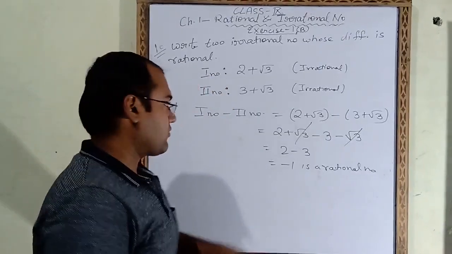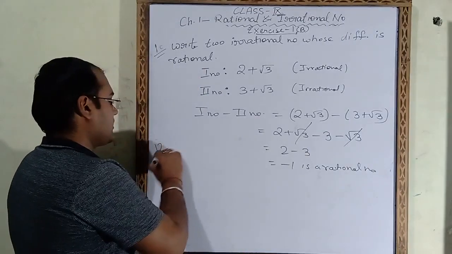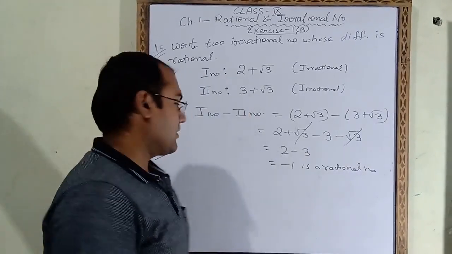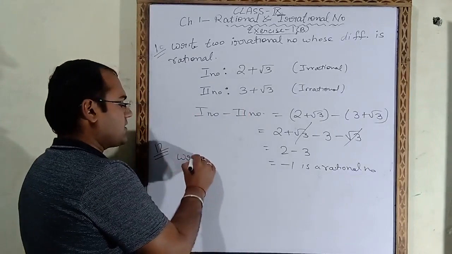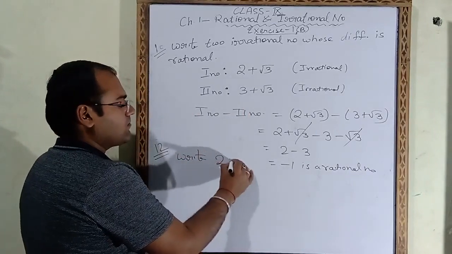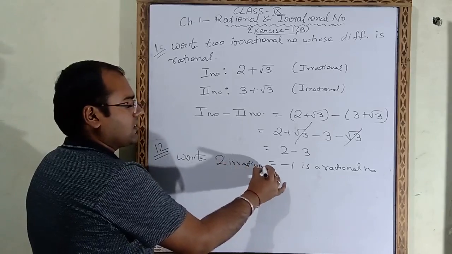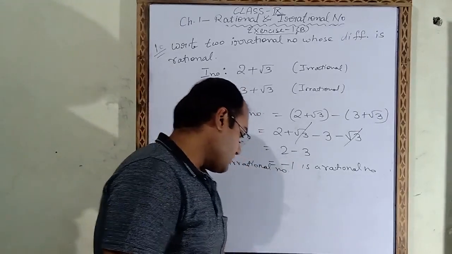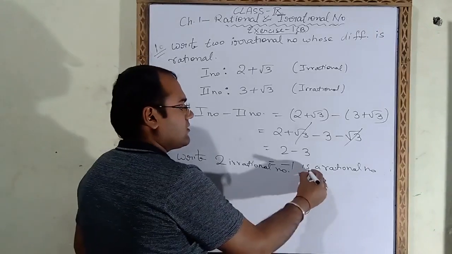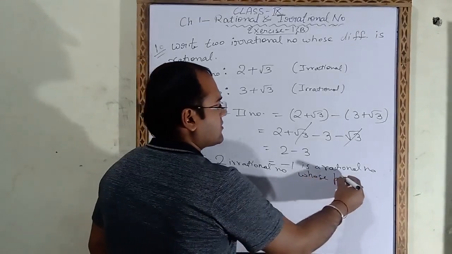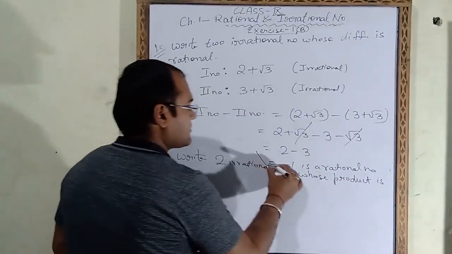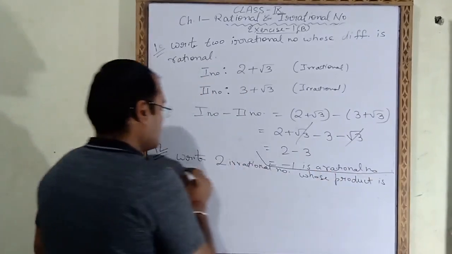Now see question number 12. Question number 12. Write a pair of irrational numbers whose product is rational.